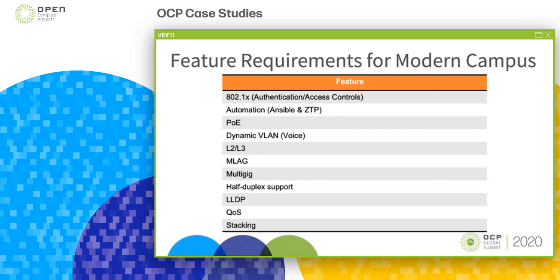But outside of this small set of features, I would say that the vast majority of campus operators are extremely keen to not use additional legacy features that slow them down in their quest for automation and being able to use modern techniques for deploying and operating their networks.